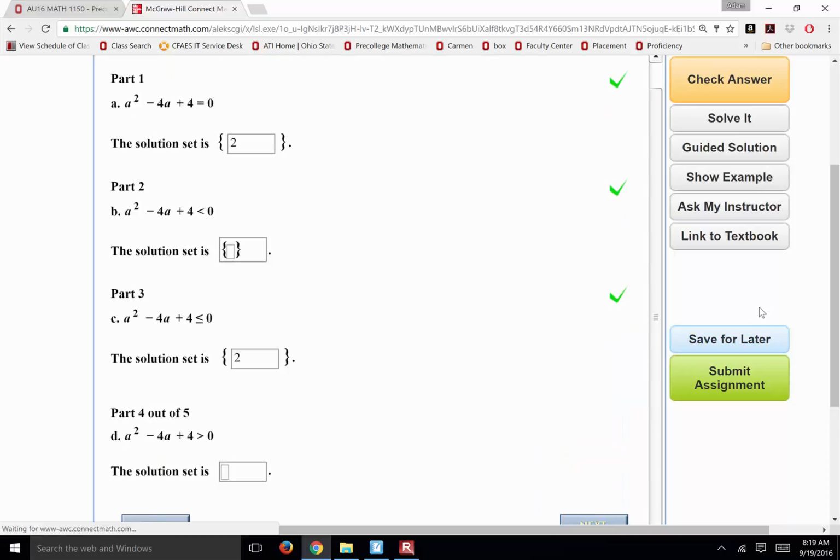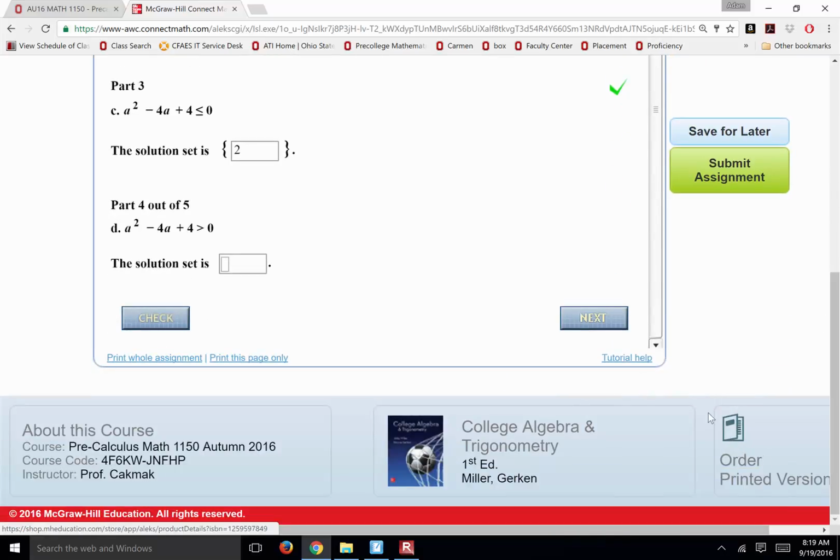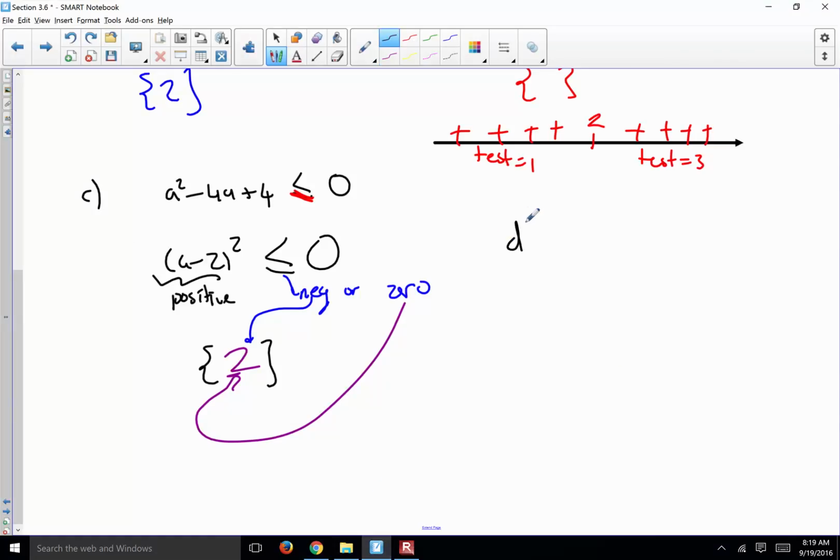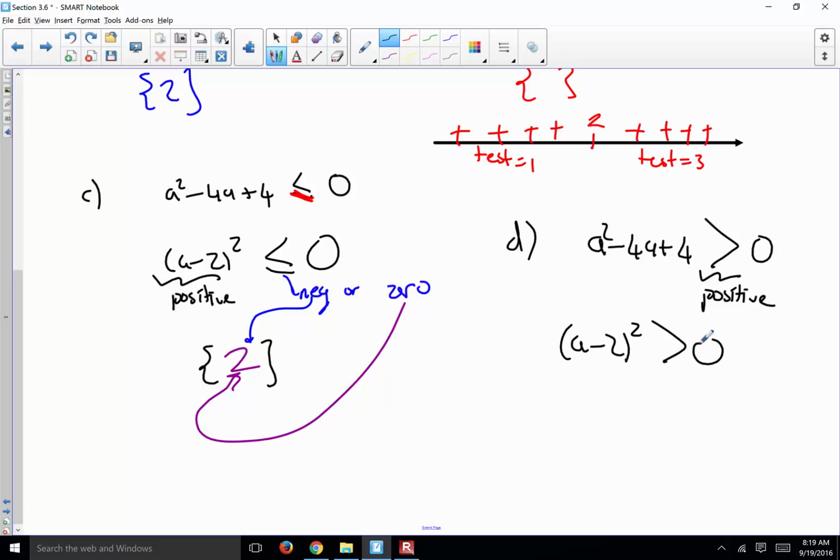Okay, next. This one is tricky though. They flip the sign this time. When does this thing become more than 0, positive? Yes. Positive means strictly, you're not allowed to be 0.